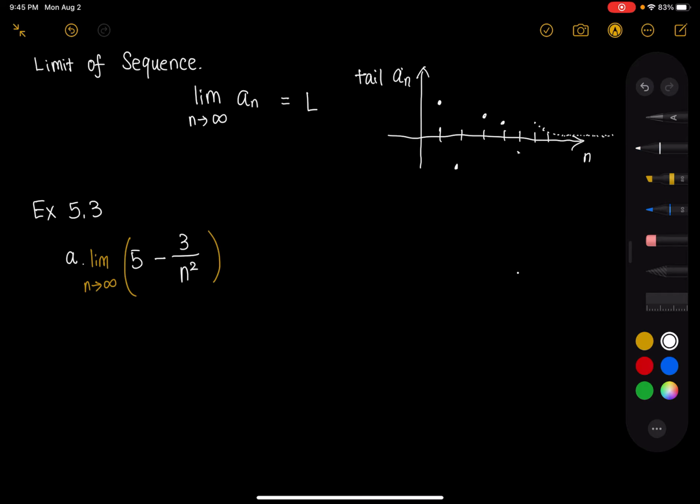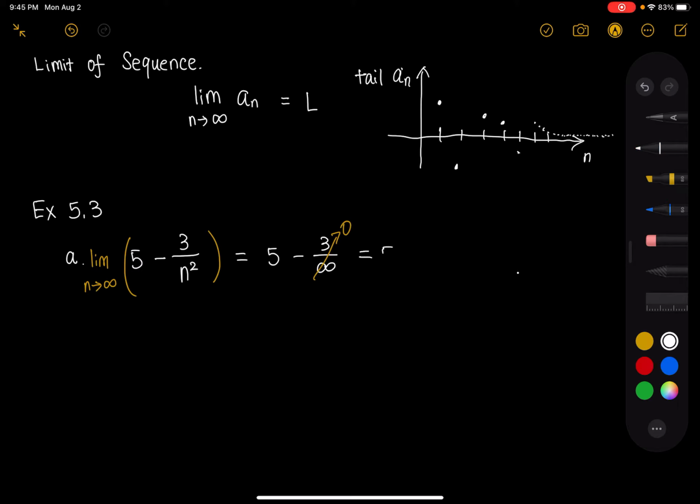What's going to happen? Well, the limit of a constant is the constant 5, and for the limit of 3 over n squared, you plug in infinity. A number over infinity will give us 0, so this term will go to 0.